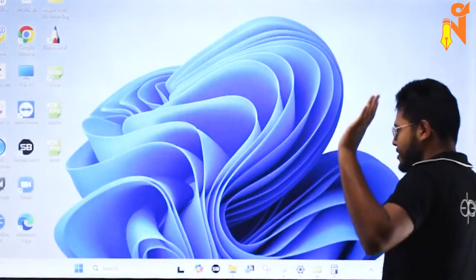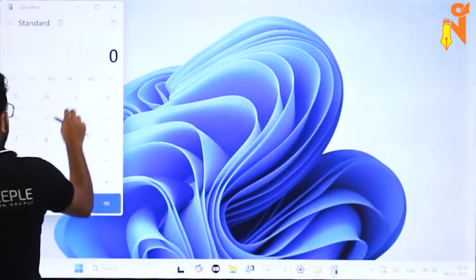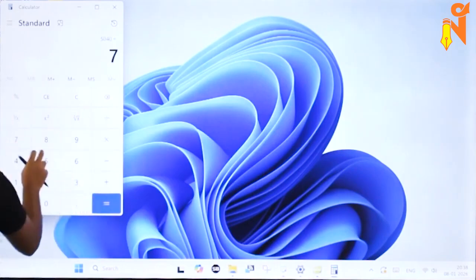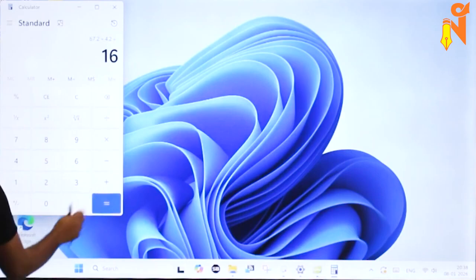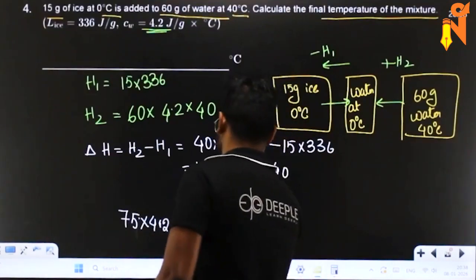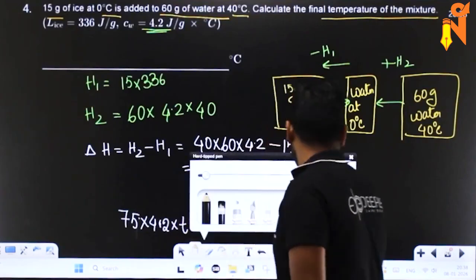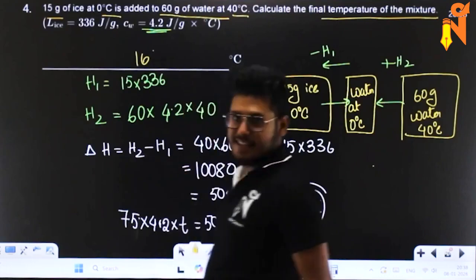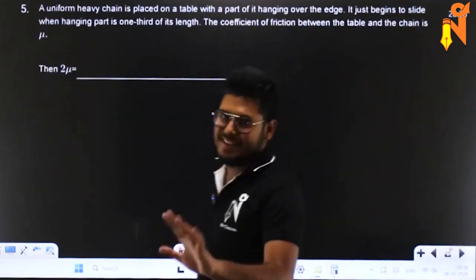Again, I'm going to use the calculator. Okay, I get 16. So that is the correct answer. T is equal to 16 degrees centigrade. You will have to do this using your own brain in the examination hall, but I am using a calculator here because it's the end of the day and my mind is kind of exhausted.